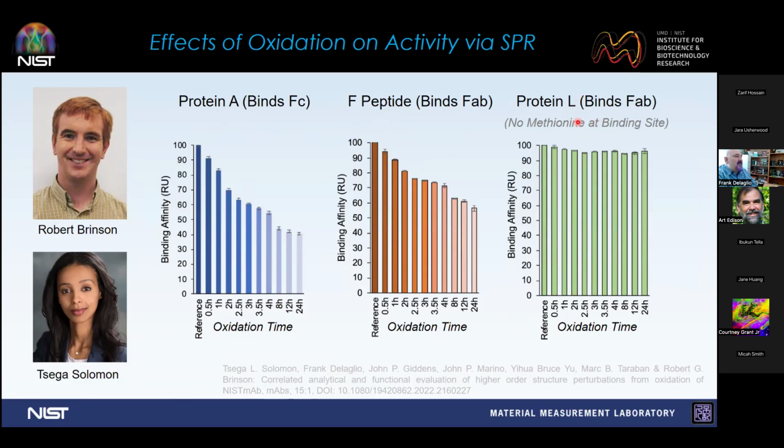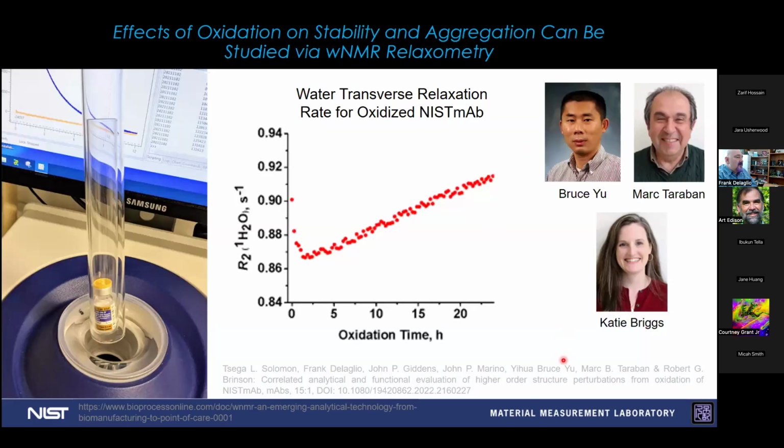Protein L binds to a place where there's no methionines, so increasing oxidation does not change its binding affinity. Furthermore, another thing that is pioneered by folks here at IBBR is the use of relaxometry, water NMR, to characterize biopharmaceuticals and vaccines.